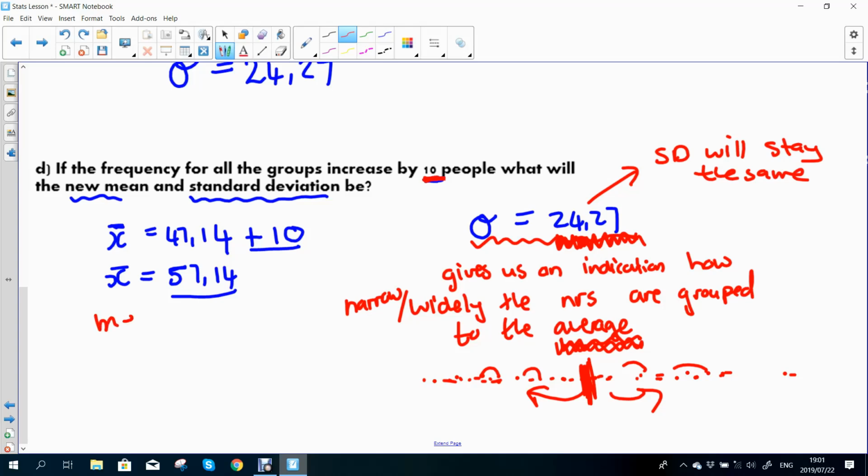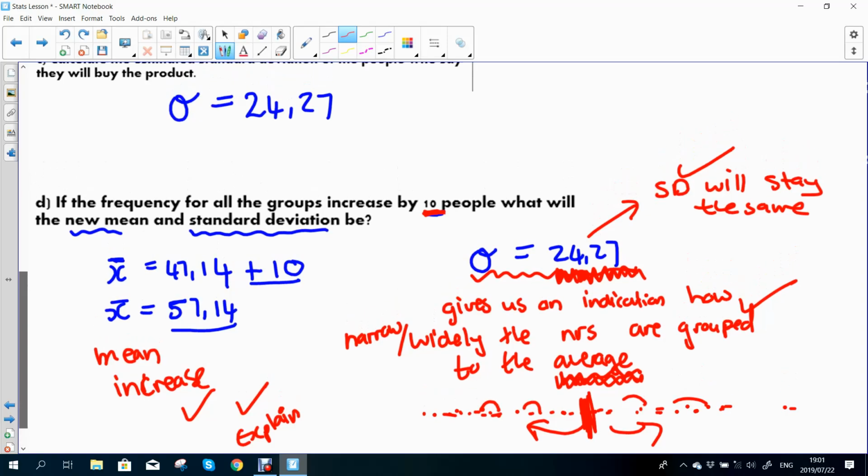The mean, however, will definitely increase. And I would give 2 marks, and I would give another 2 marks for explaining. Explain why the mean stays the same, explain why the standard deviation stays the same, and explain why the mean increases.